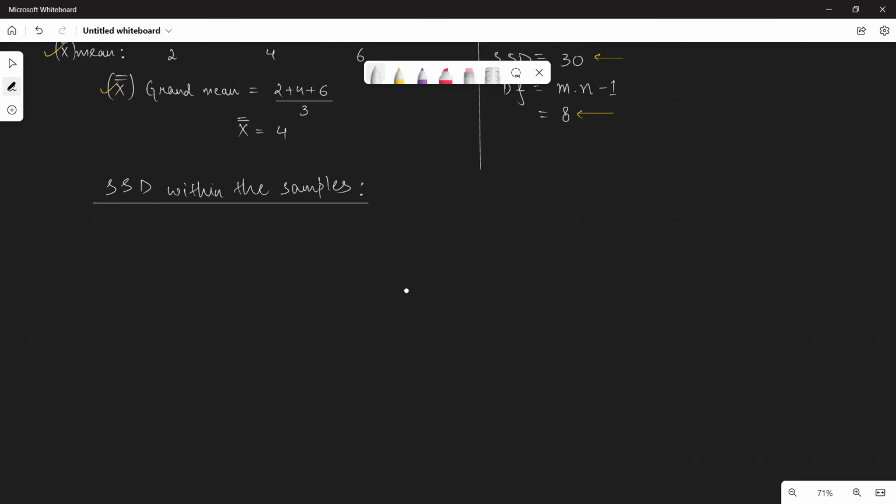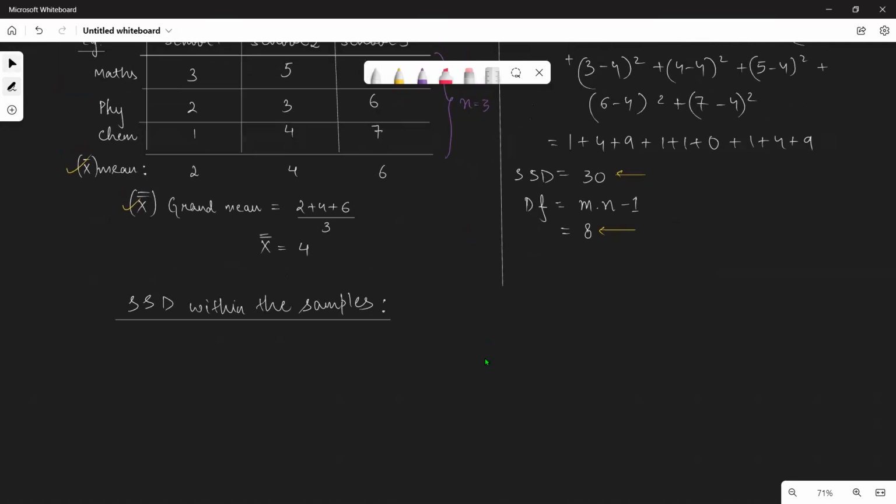Okay, let us calculate SSD within the samples. So how do we do that? Again, simple. Just observe this.